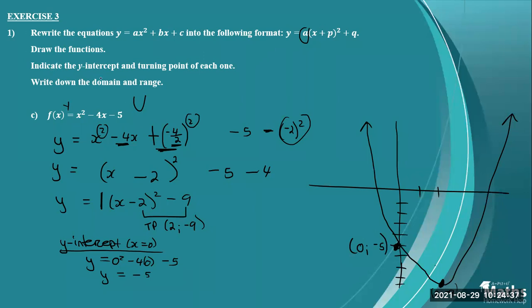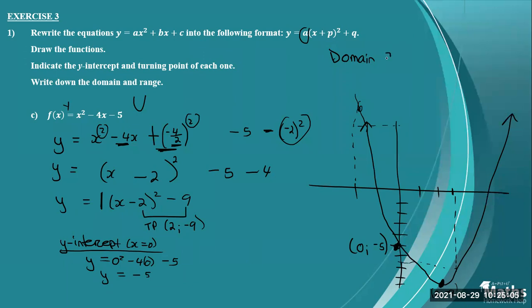Lastly, they said write down the domain and the range. So domain will be all the x values that will be applicable. If I have an x value here, it will eventually touch my parabola so that we can find a corresponding y value.